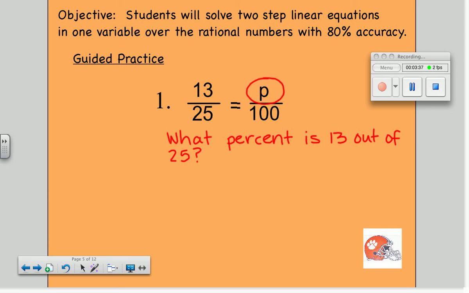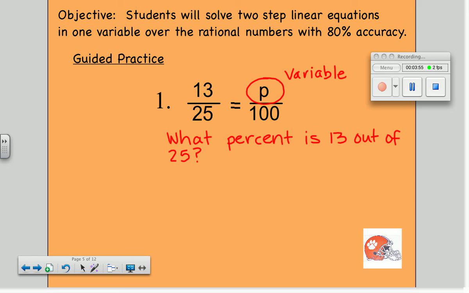Since I have a variable I'm solving for, I'm going to label this variable so we don't forget what it is. Since we have a variable we're solving for, we're going to use cross multiplication.